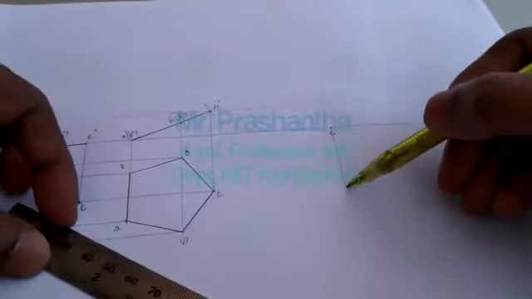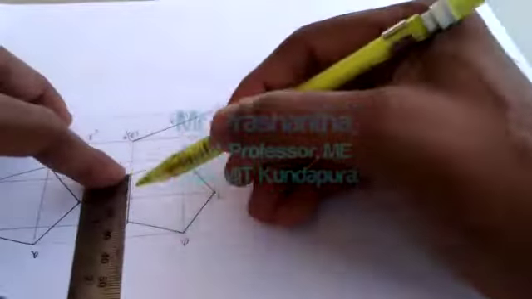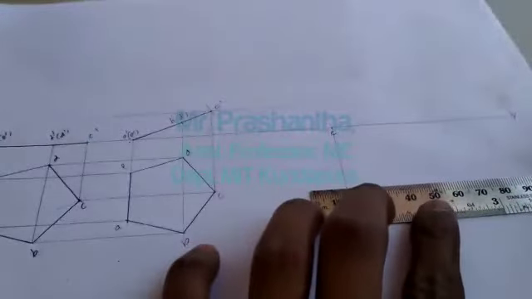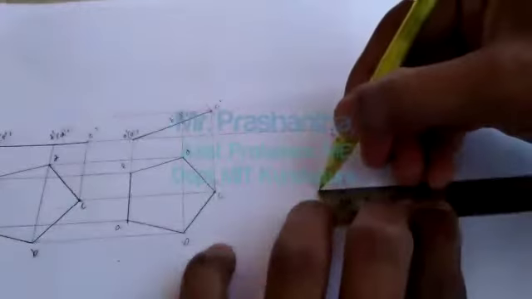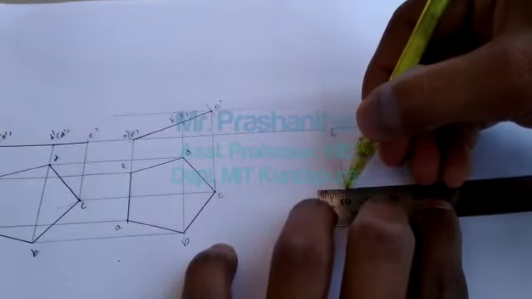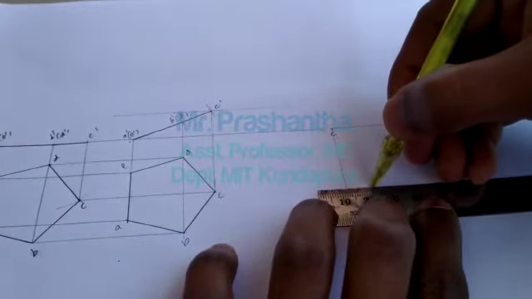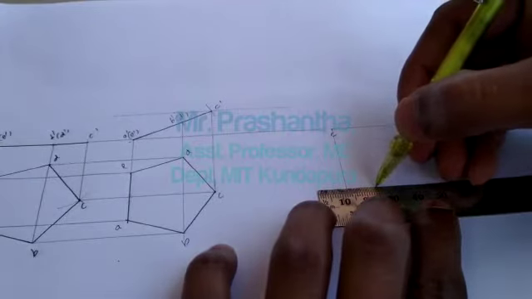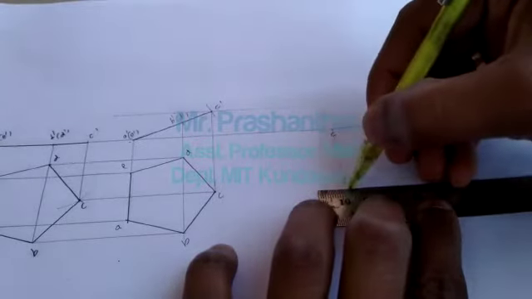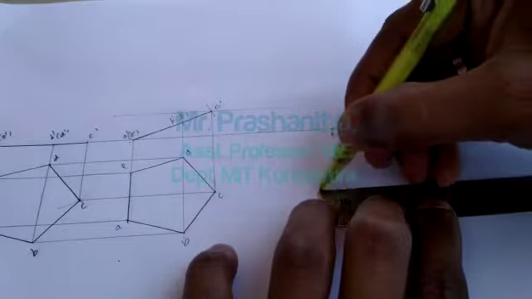Now take this dimension, that is 25 mm. Here, at 12.5 on either side, you draw one line. From here this should be 12.5, and here to here it should be 12.5. Total it is 25 mm.